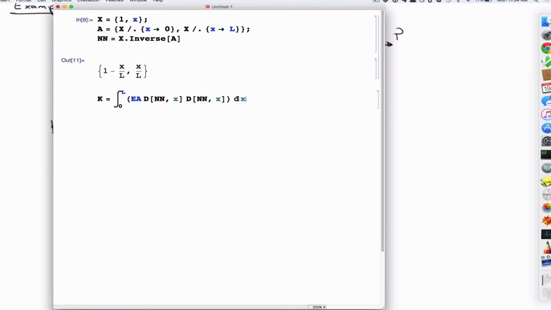What I want is a table, which is going to create a matrix, that goes i, j, where i goes from 1 to the length of nn, just to be general, and j goes from 1 to the length.